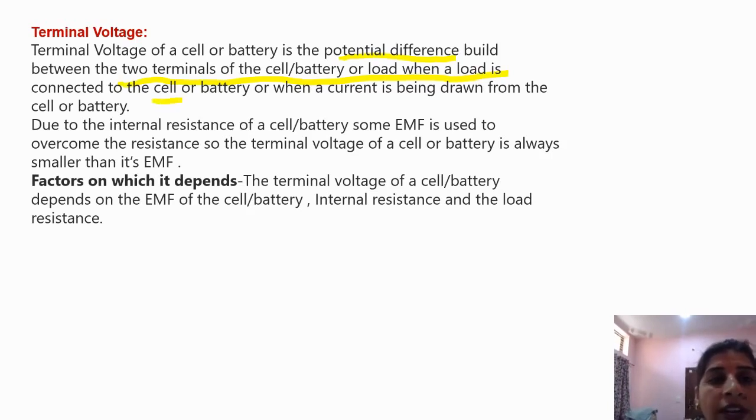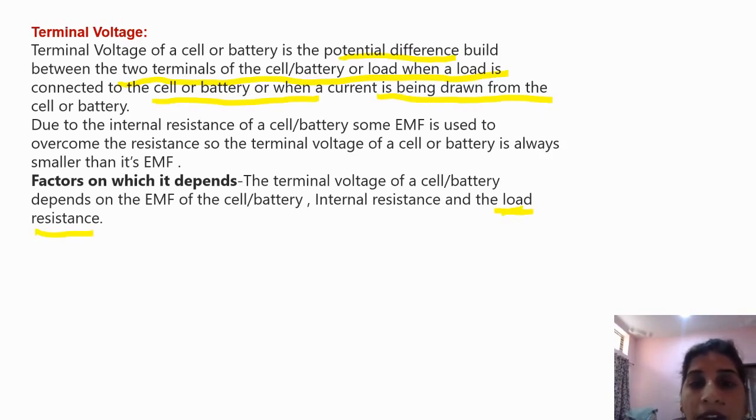When a load is connected to a cell or a battery and current is being drawn from the cell, when current flows from the cell, that time whatever potential difference comes across your load resistor or across your cell is called terminal voltage. On what factors does it depend? It depends on the EMF of the cell and the load resistance which you are connecting there.